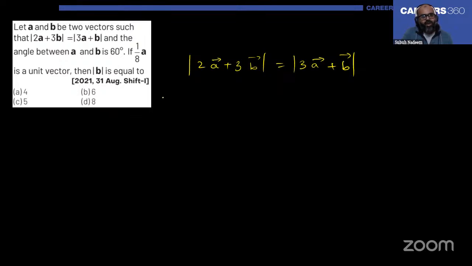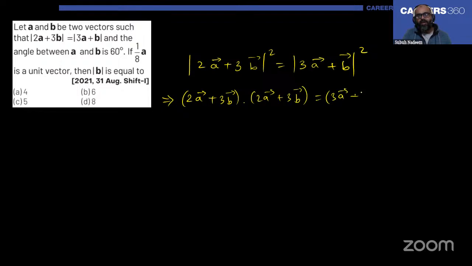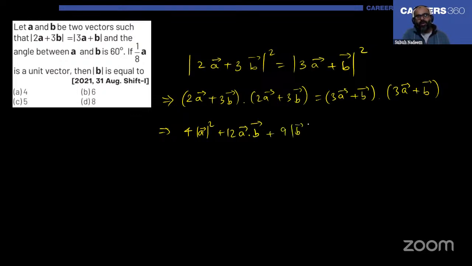So what we can do here is, let us square both the sides and we can write it as 2A plus 3B dot product with 2A plus 3B is equal to 3A plus B dot product with 3A plus B. This is what we can write. And further it will become 4 mod A square and 6AB plus 6AB, that is 12 A dot B, and then 9 mod B square.